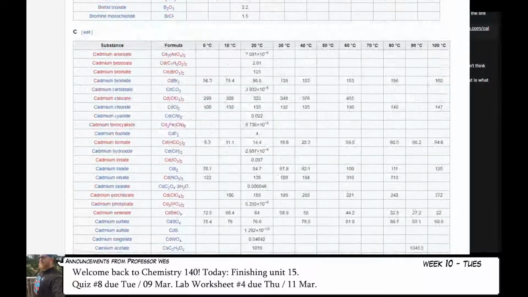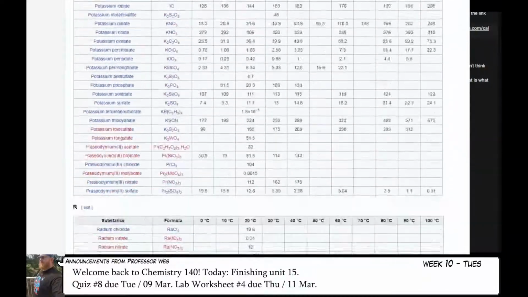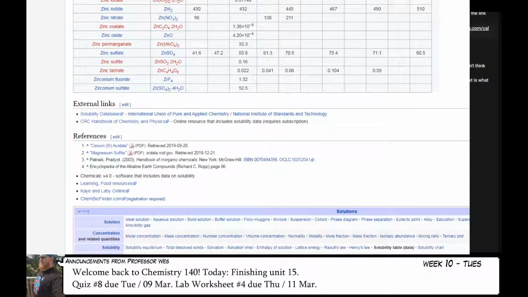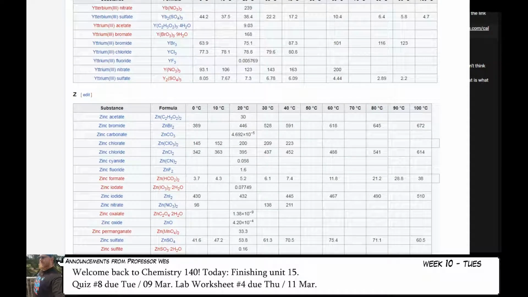And there are a lot of substances out there. So if you need solubility data, look on Wikipedia. It's probably there. And maybe, I don't know, if you want to contribute to a body of science, you could do the experiment. Nobody's determined the solubility of zinc nitrate at 10 degrees. That seems like a pretty easy one for you to get.